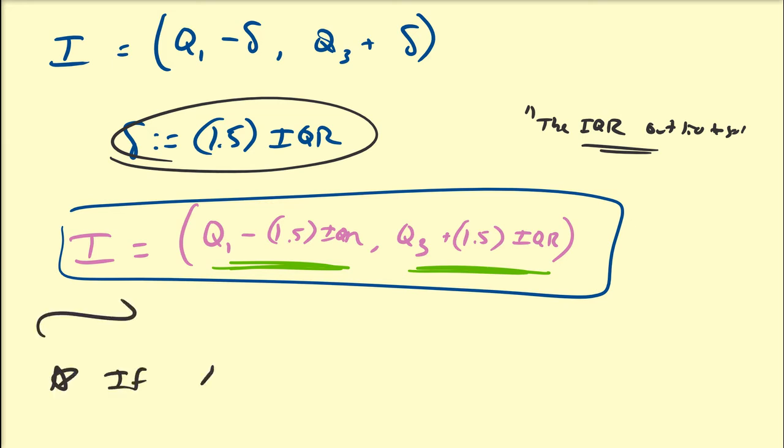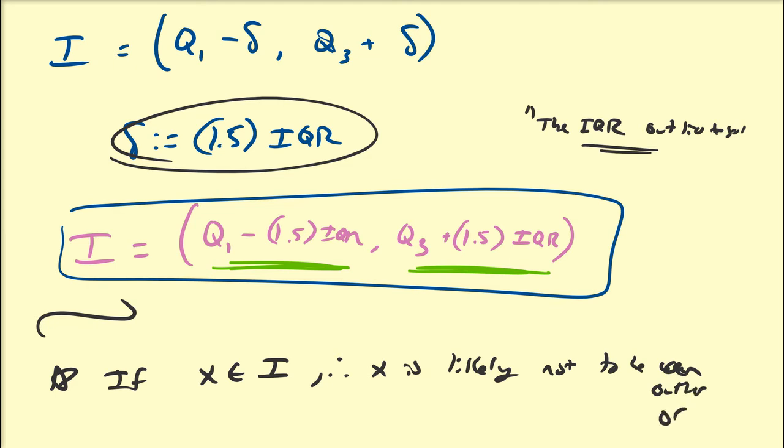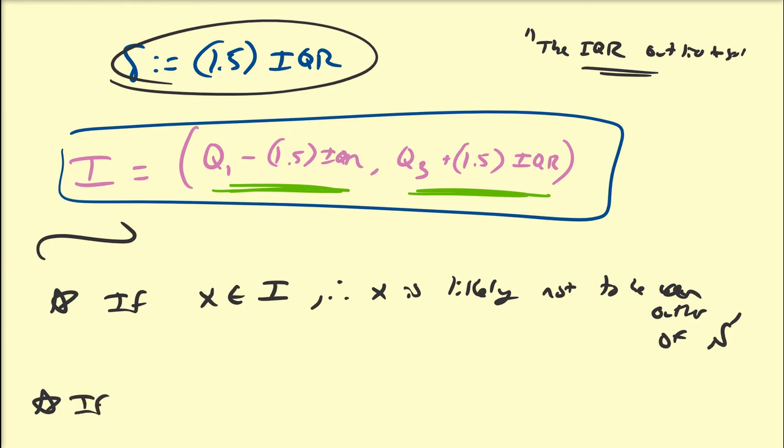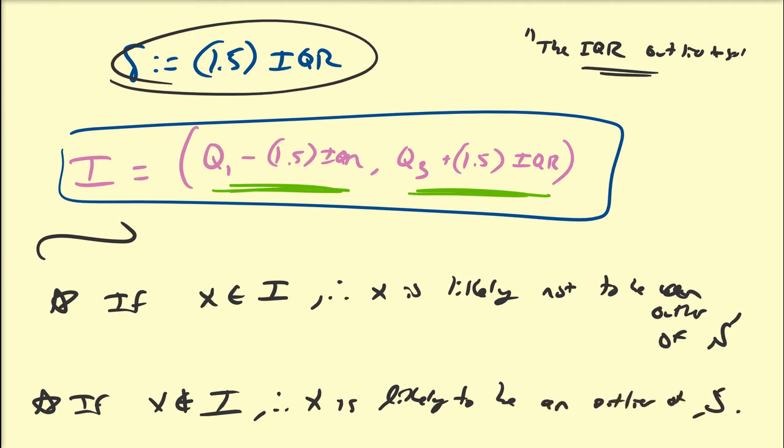If x lies within this interval, then x is likely not to be an outlier of our data set S. And if x is not an element of the interval, then x is likely to be an outlier of S. And we'll talk about this word likely later.